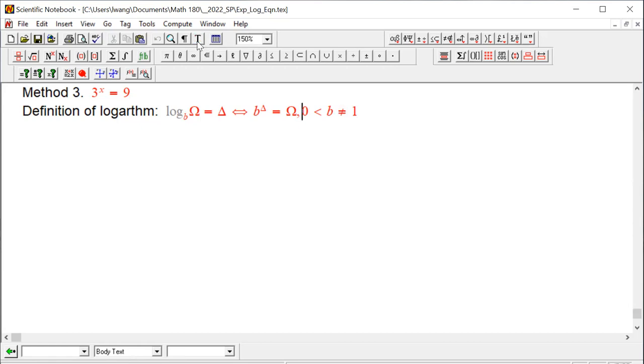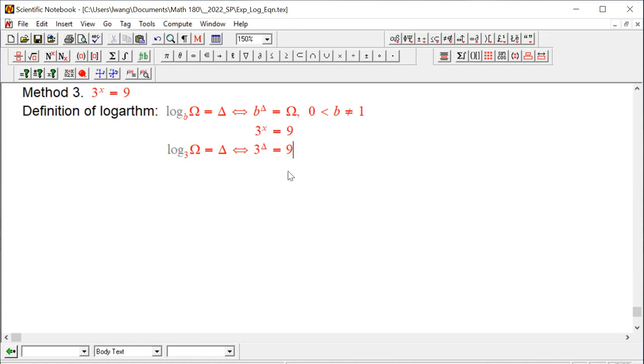In our situation, the base obviously is 3. So let's do a matching in comparison with the definition. The base is 3.